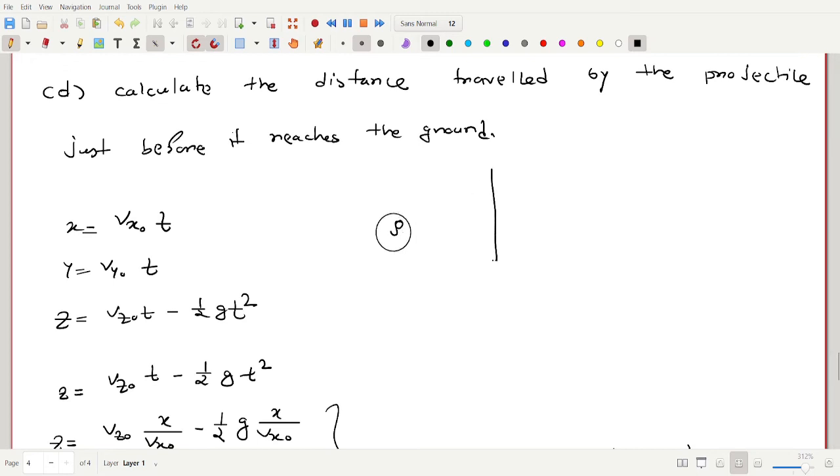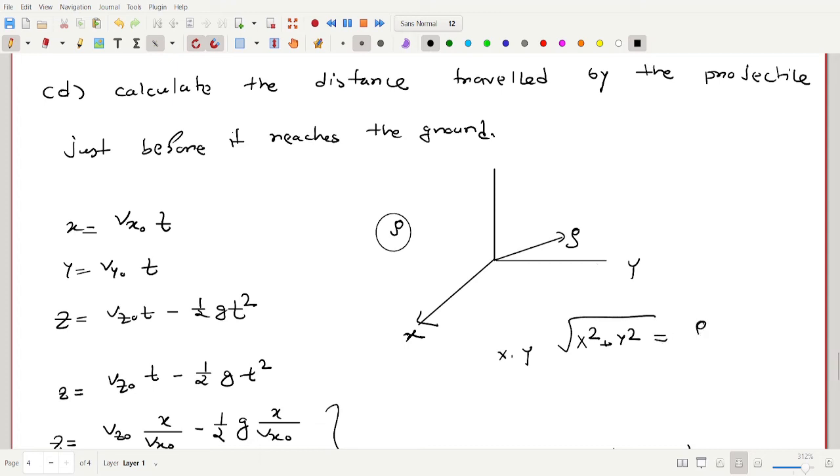So in your xy plane, you have the rho vector, which is the position vector at time t, and you are finding its x and y components. If we find the time when the projectile will reach the ground, and find the x and y components, then we do x square plus y square and root, we will get the rho, which will give the distance traveled by the projectile just before it reaches the ground.